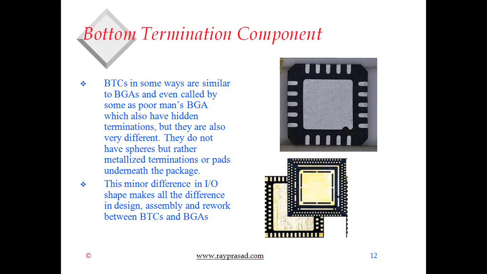You cut out that process of attaching the ball, and that obviously helps in reducing the price of the package. But this minor difference between not having a ball or having a ball, with the rest of the termination essentially the same, makes a huge difference in everything that we do in the design, in the assembly, in the rework, and so on. All right.